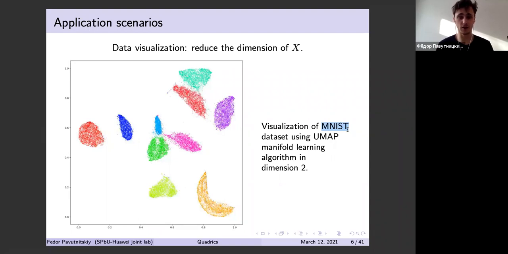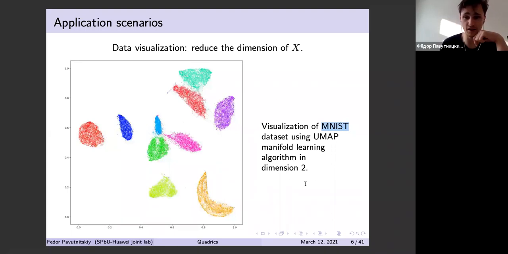Manifold learning here is used as a dimension reduction algorithm. We try to find a manifold, in this case of dimension 2, so we try to find just 2 coordinates that not explain but visualize our data in a meaningful way.